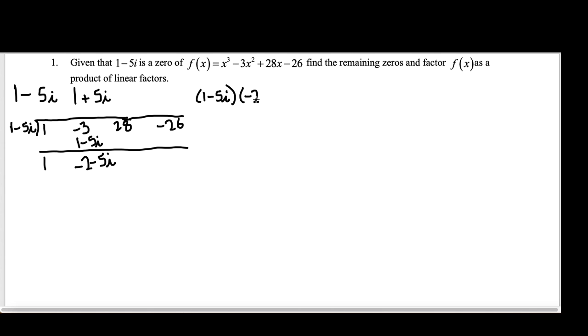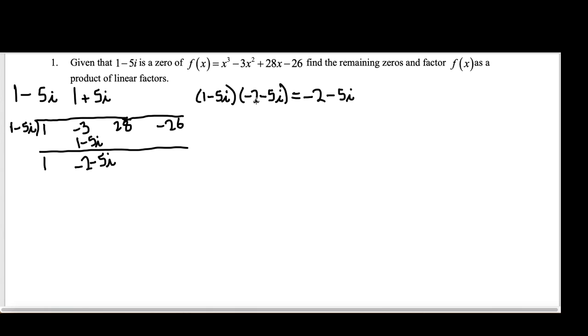negative 2 minus 5i. And when I multiply here, 1 times negative 2 is negative 2. 1 times negative 5i is minus 5i.